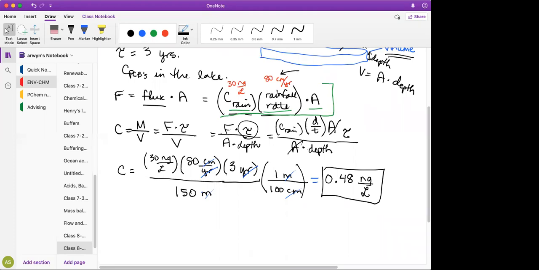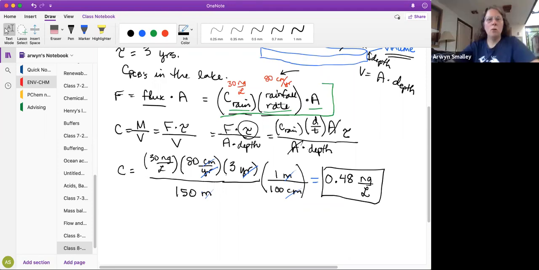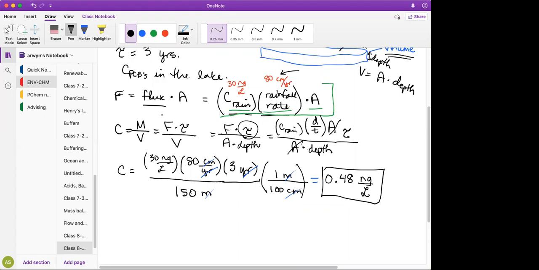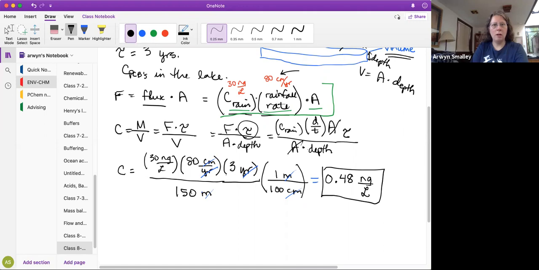Trying to figure the flux, because the flux is the concentration times the rate constant, right? So flux is the flow over the area. I meant up here where you did the F equals the flux times the area. Yeah. So I see what you're saying.